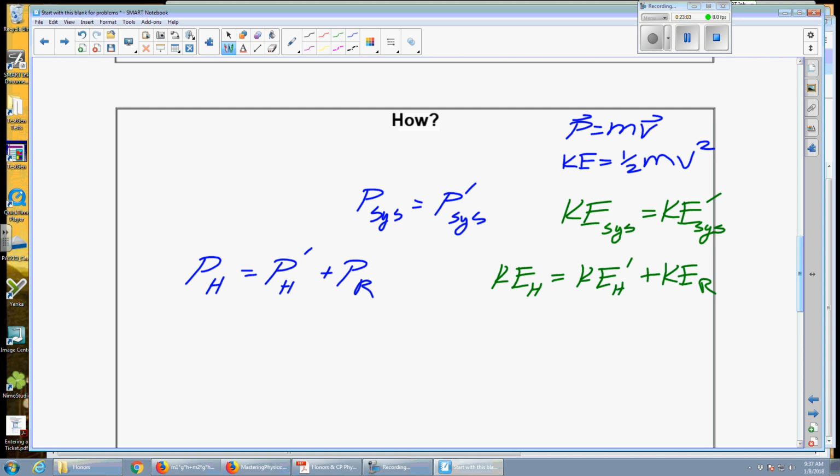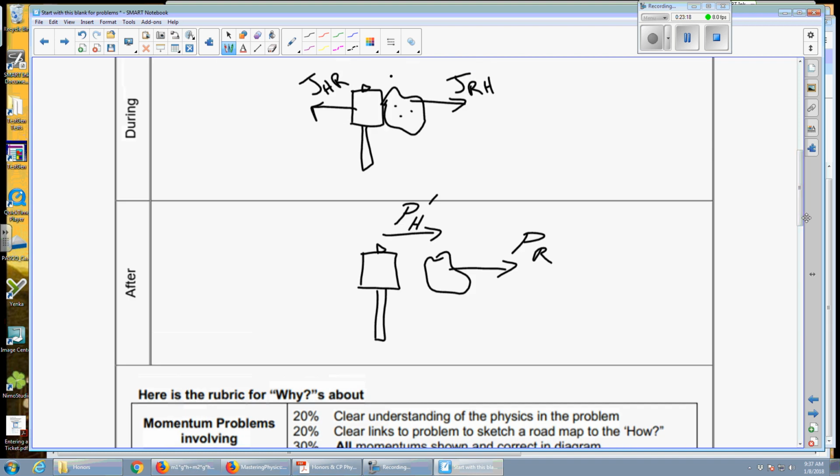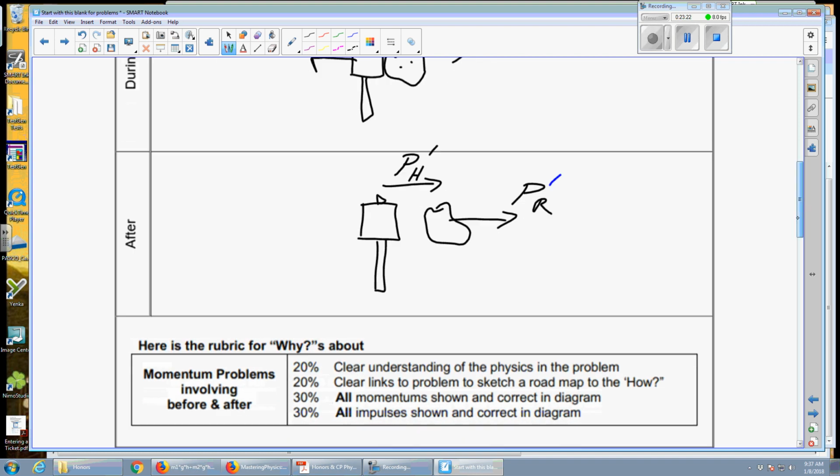Now, if it makes you more comfortable, you could do everything afterwards with little primes, if that makes more sense to you. I'm being lazy. Actually, I should put the primes on there. But that means I have to go back up here and put a prime there.